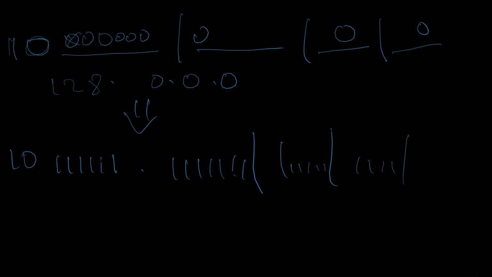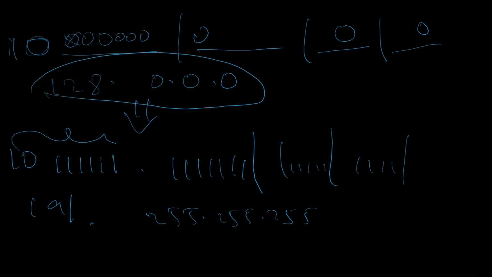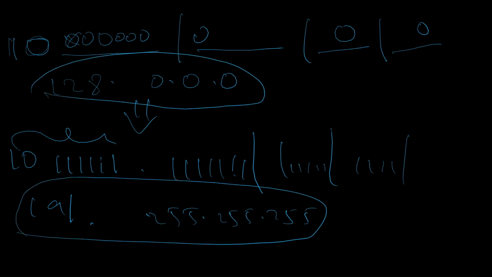So this would be 191 dot 255 dot 255 dot 255. So this is the range from 128.0.0.0 to 191.255.255.255. This is the range of IP addresses in class B.